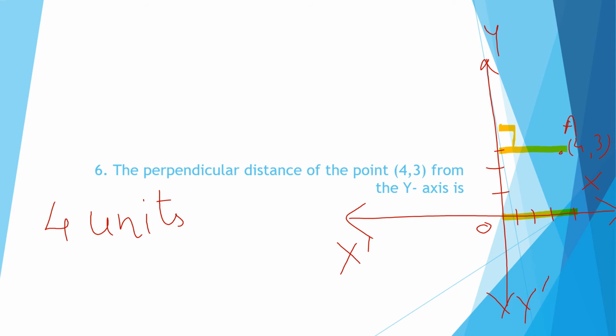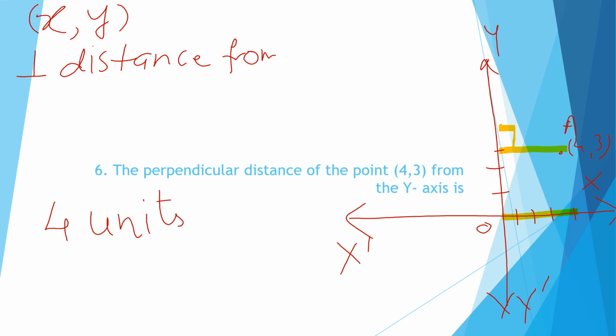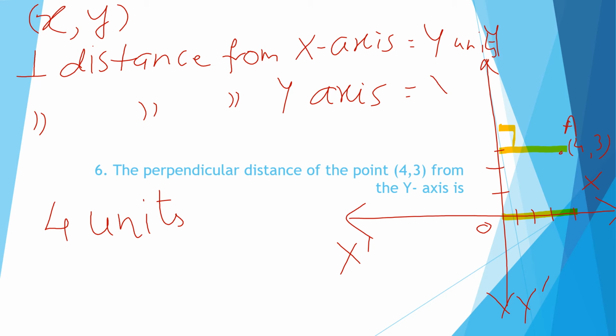Now, note down, if the point is of form x, y, then the perpendicular distance from the x-axis will always be your y units, while the perpendicular distance from the y-axis will be your x units.